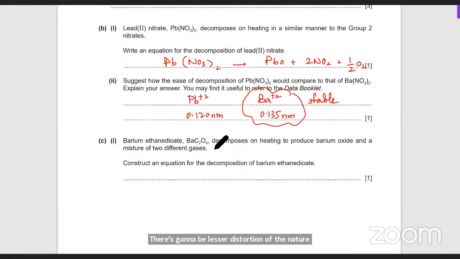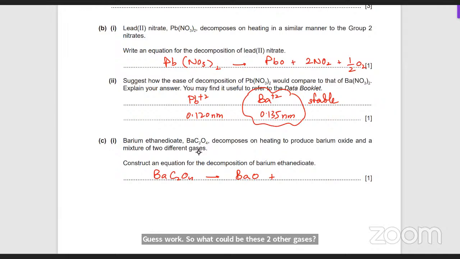Then the next part: ethanedioate decomposes on heating to produce barium oxide and a mixture of two different gases. Construct an equation for this. So BaC2O4 decomposes to form barium oxide. The two other gases are guesswork. What could these two gases be?